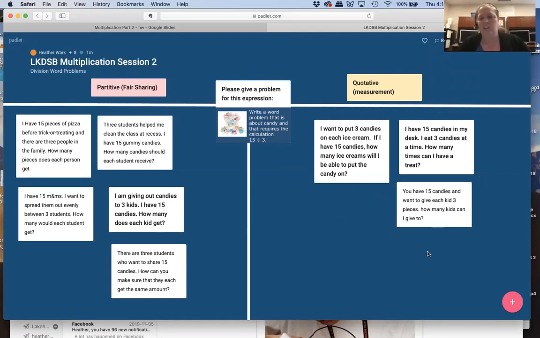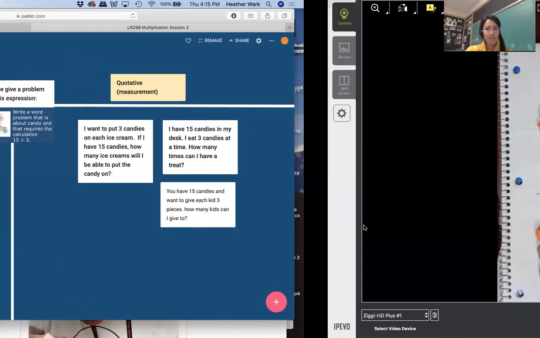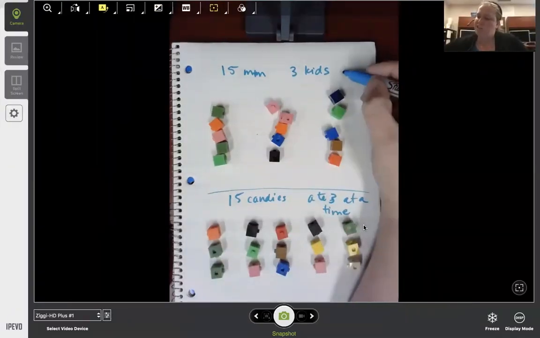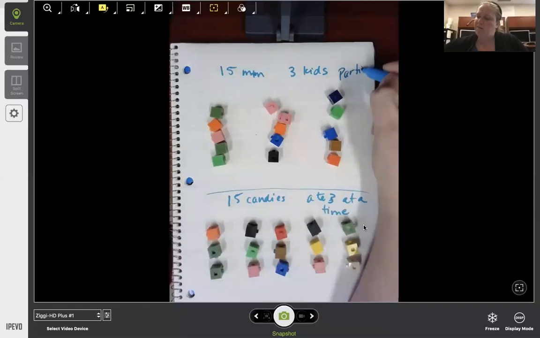Might not have even crossed our minds to write one like this, because we think so much about division as fair sharing, and not very frequently do we think about it as this measuring or doling out of an amount. So if we go back and take a look here, where we have the 3 children, this one would be partitive.